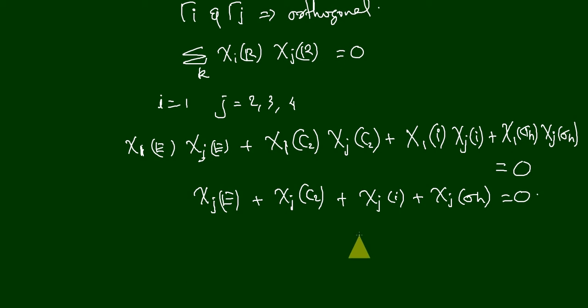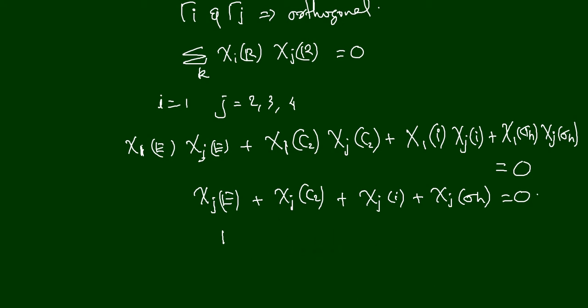That's a good indication, right? So from this, we already know that chi j e is equal to plus 1. This is already plus 1. So when we add the other characters to this plus 1, we must get 0.